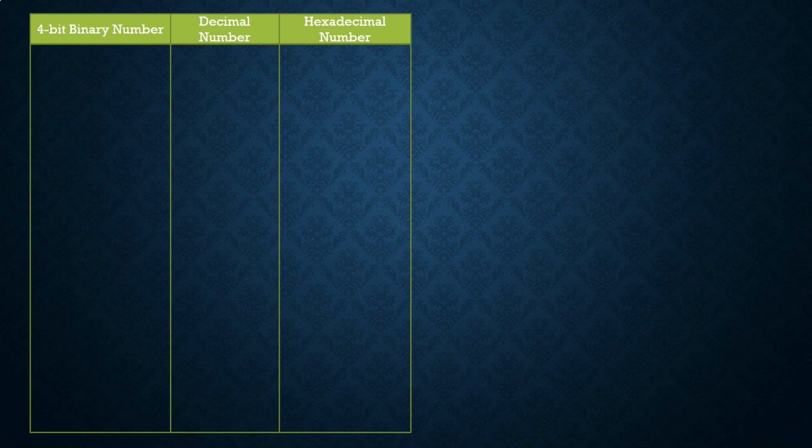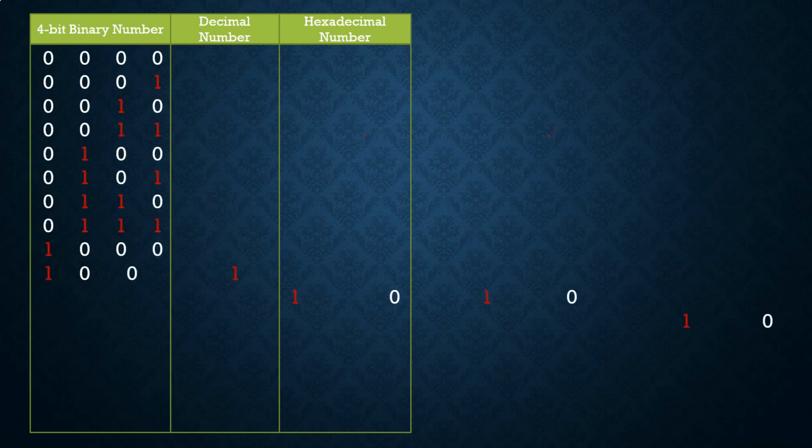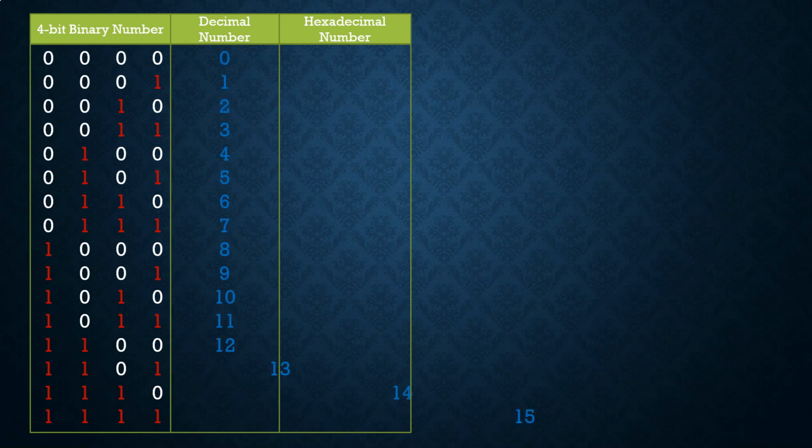So the first column is the 4-bit binary number, which represents 0000 all the way to 1111 at the bottom, and then we have the representation of the decimal number, which is 0 up to 15. In hexadecimal, we have the same flow, except from the 10th value onwards, it changes to alphabetical characters, which are A, B, C, D, E, and F, representing 10 to 15.